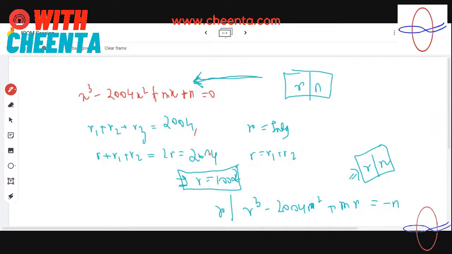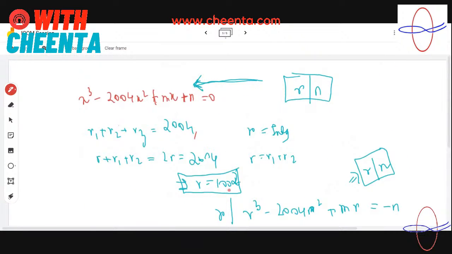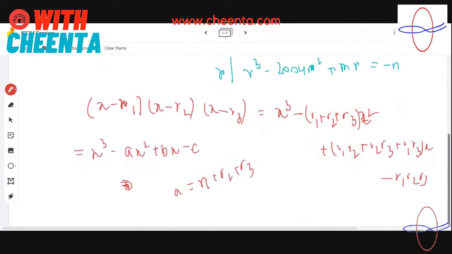By Vieta's formula, because this coefficient is the same as r1 plus r2 plus r3, 2004 is equal to twice r. So we get the integer root is 1002. And by this result, the integer root must divide n. So 1002 must divide n, right? So what's next? What do we do next?